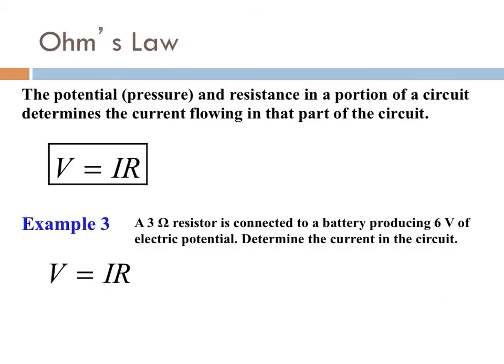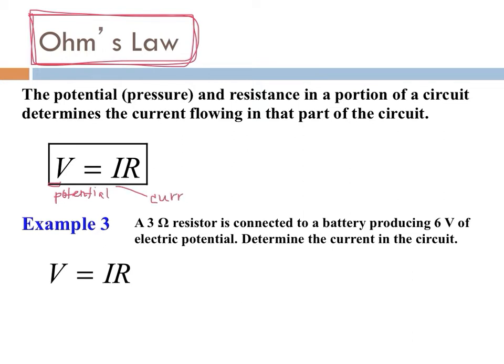Now, one of our biggest equations in this entire unit of circuits is Ohm's law. Ohm's law relates the potential of a circuit to its current and resistance in that circuit. Again, V is potential, I is current, in units of amps, potential in units of volts, resistance in units of ohms.